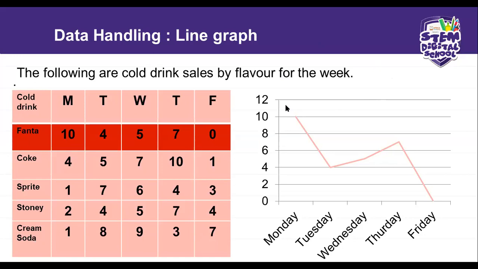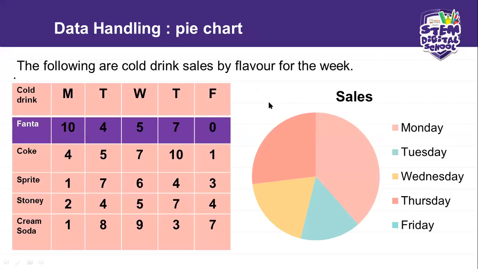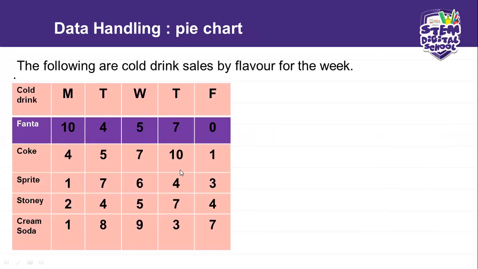Let's see. Okay. So we have the same sales. It's still the same table. But now we are going to use a different graph, which is called the pie chart.